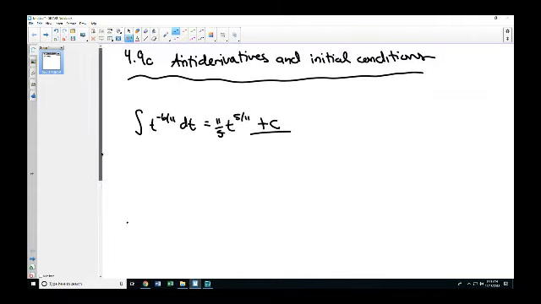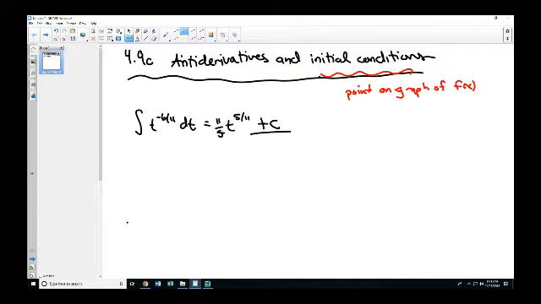Okay. So an initial condition is just a point on the graph. So what we're going to give you is a derivative and a point on the original.